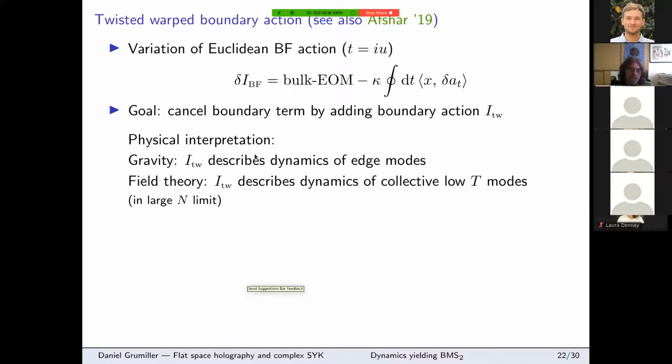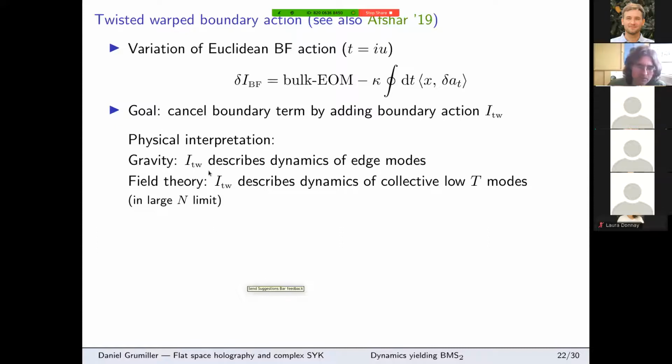And the physical interpretation of that action is that on the gravity side, it describes essentially the dynamics of the edge modes. So it's a bit like the Liouville action in the context of AdS3 gravity, or the Schwarzian action in the context of the Sachdev-Ye-Kitaev correspondence.